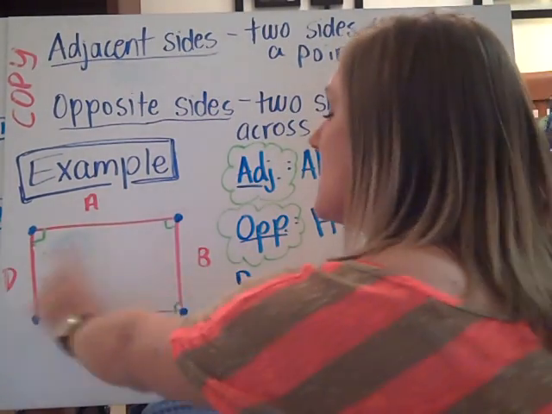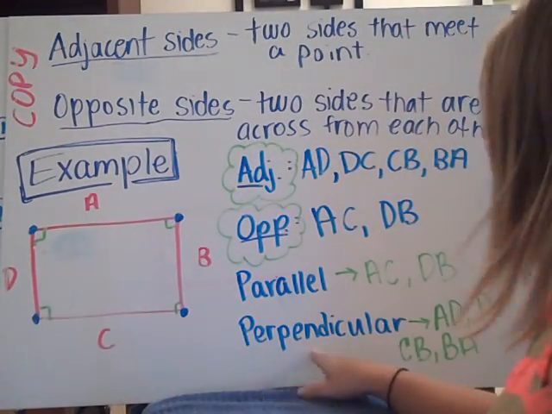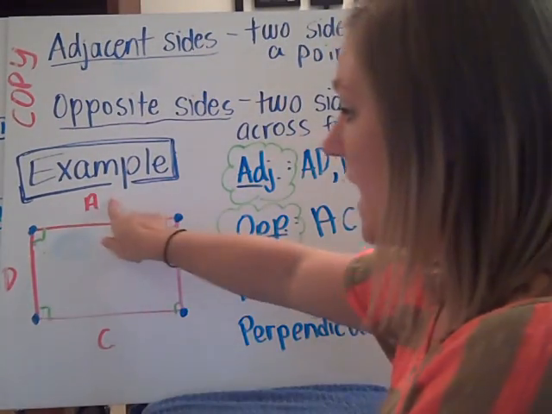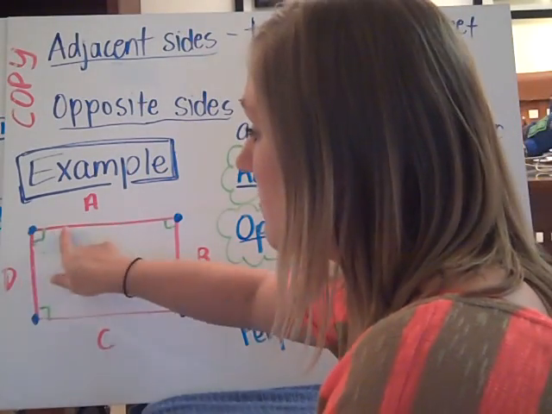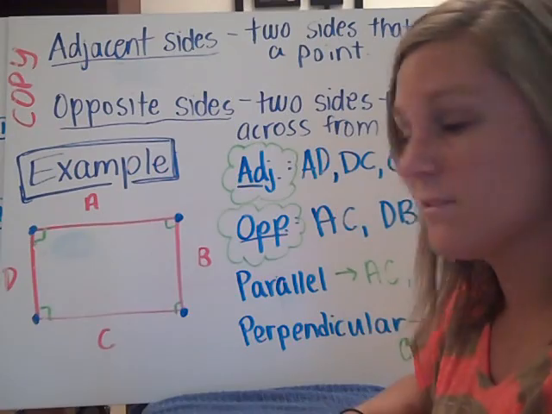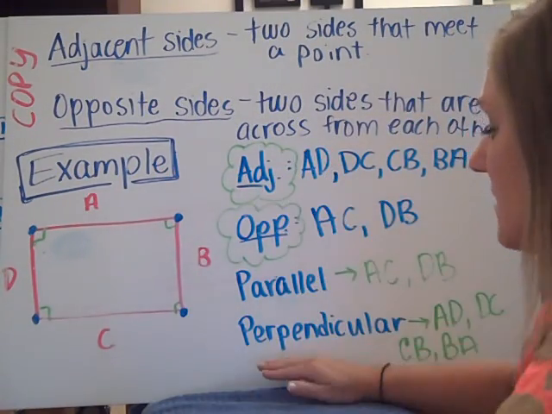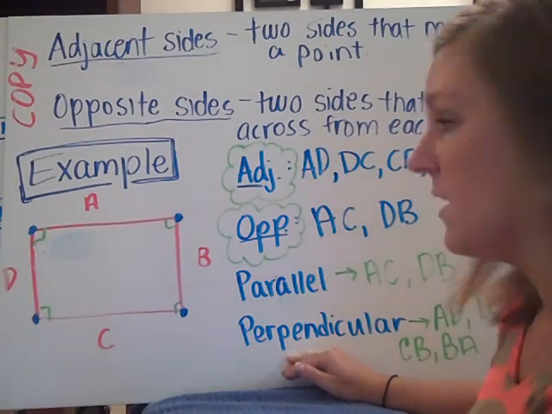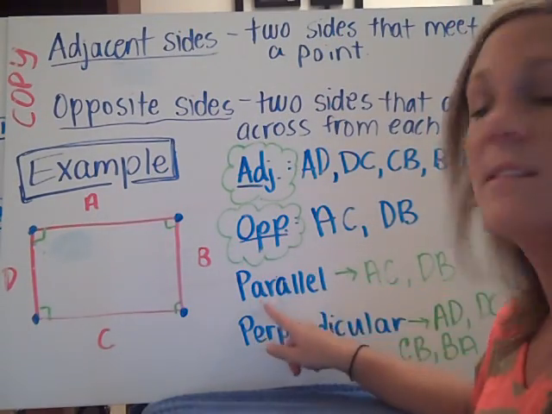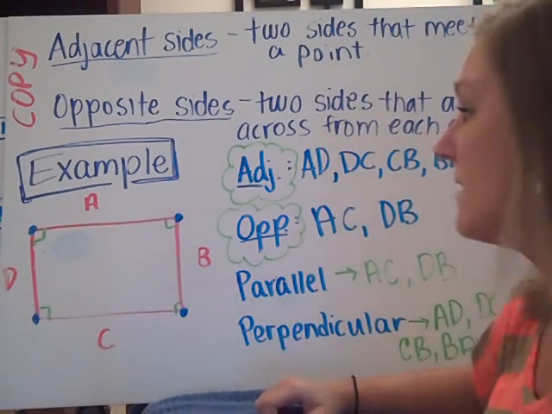Same thing for D and B. These are also parallel. Perpendicular: in this case, A and D meet here and cross at a right angle. So in this example, all of your adjacent sides are perpendicular, and all of your opposite sides are parallel. That will not always be the case, but it is in this example.